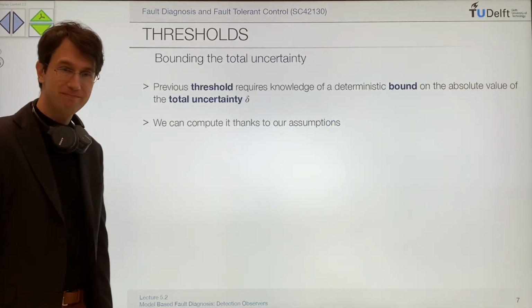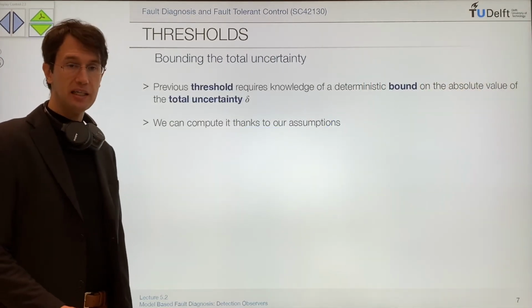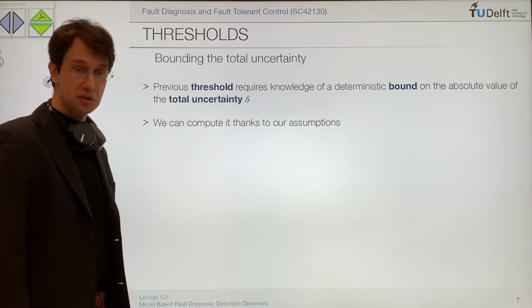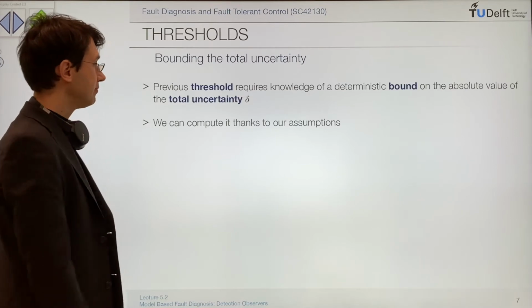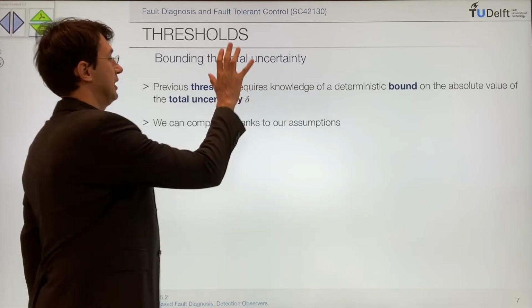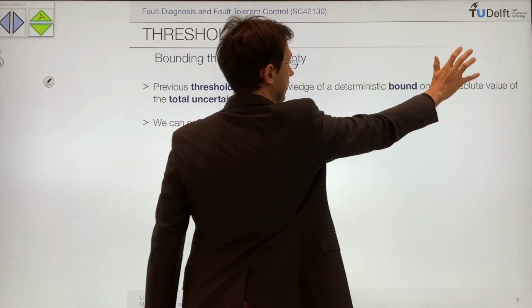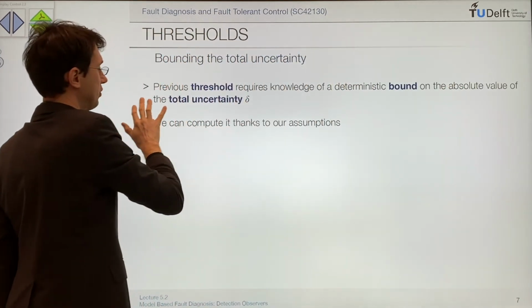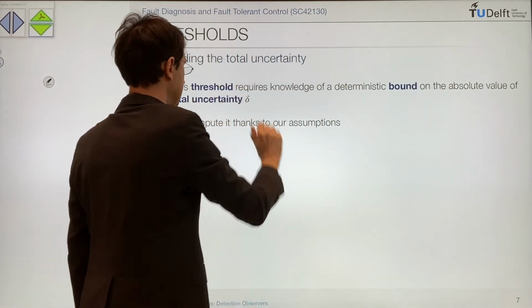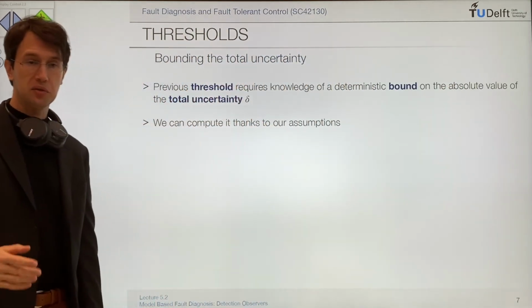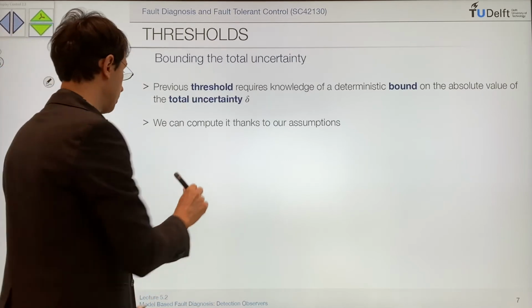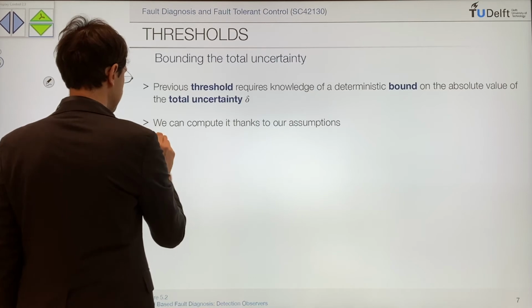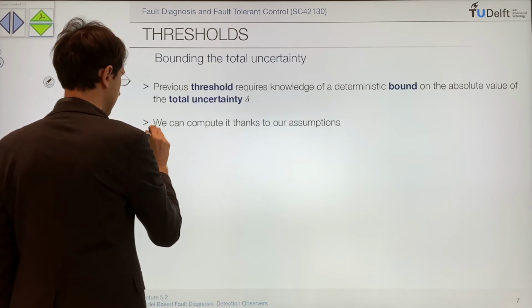So the key assumption in defining the threshold R over bar as a solution of that equation is that we know a deterministic bound on the absolute value of each component of the total uncertainty delta. And I told you, okay, trust me, we can compute it. Okay, now I will show how we can compute it. So we define it like this.